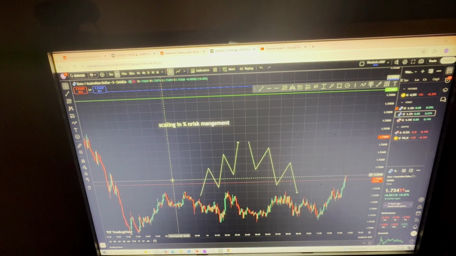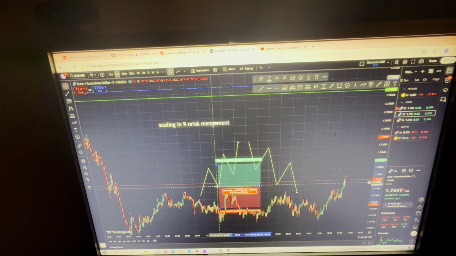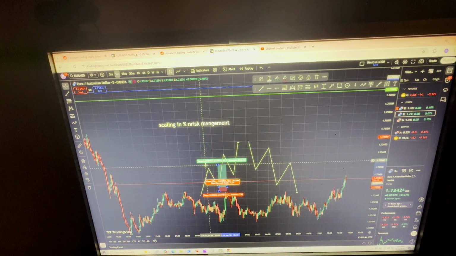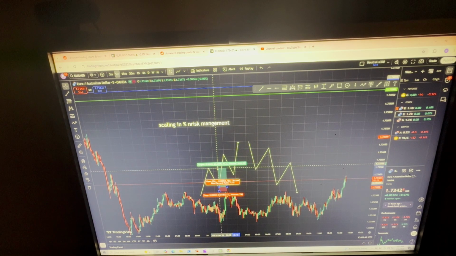The purpose of scaling in is when you see price coming to your zone, you enter, your stop loss will be below there, then your take profit is close to this next high. That's the normal traditional zone.